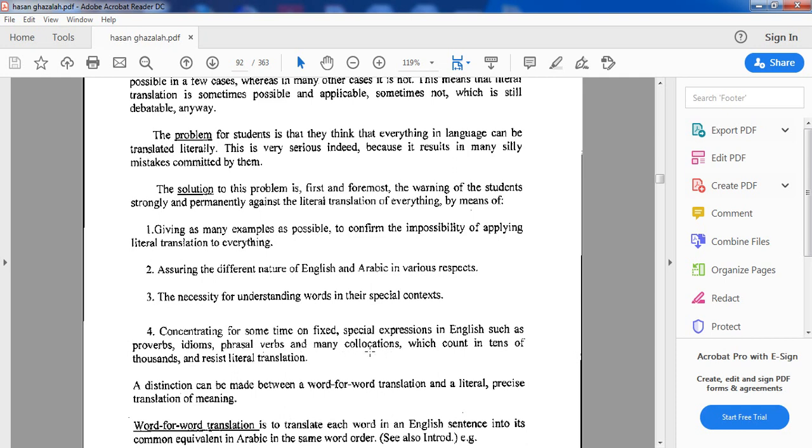As we have just discussed, collocations, which count in tens of thousands, and those fixed expressions resist literal translation.